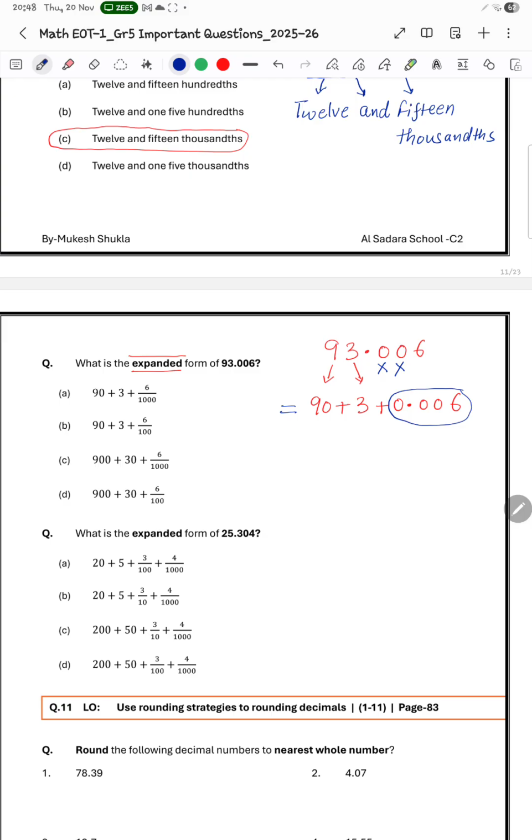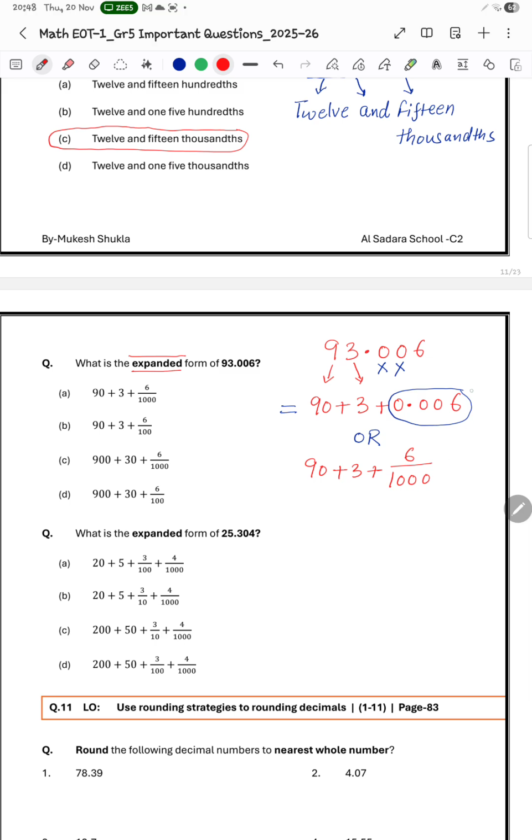They will give you in fraction. So this is what? This is 6 thousandths. So another way to write this is 90 plus 3 plus 6 thousandths, that is 6 over 1,000.